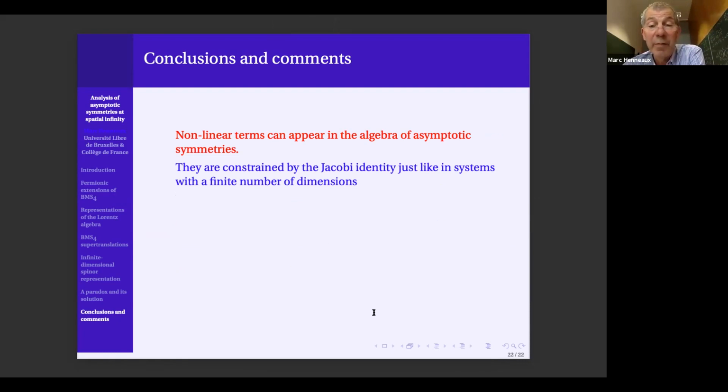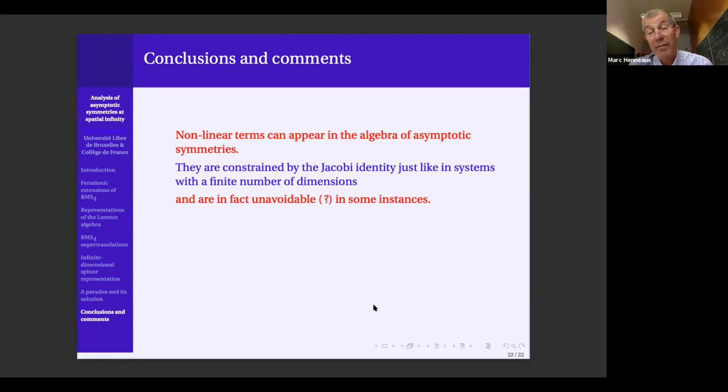They are, of course, constrained by the Jacobi identity. And in our case, they seem to be unavoidable because of the way we define the action of supersymmetries, but we did not fully explore whether one could remove them by redefinition of the generator. So whether these nonlinearities were intrinsic and unavoidable, like in nonlinear W algebras, which also arise in some contexts as asymptotic symmetries.